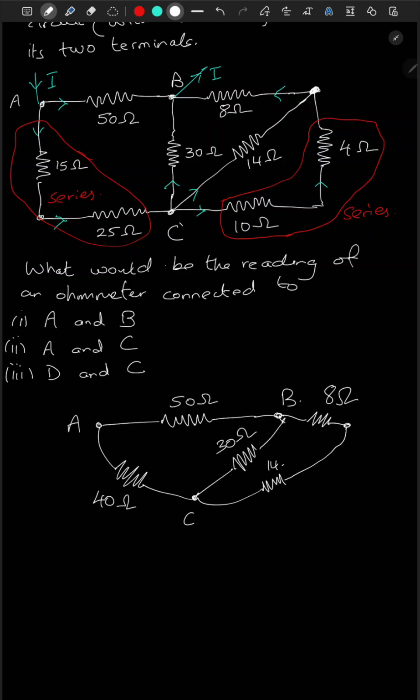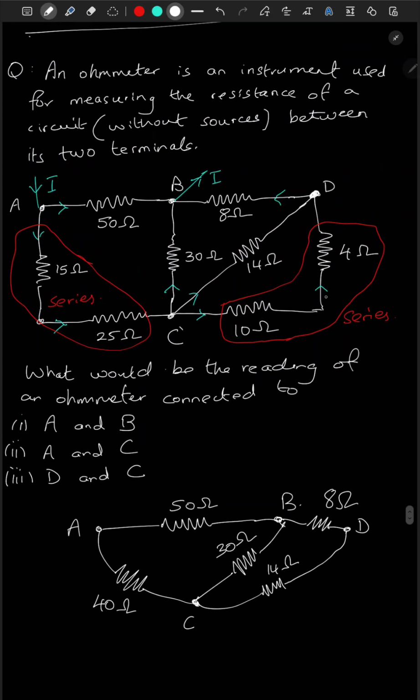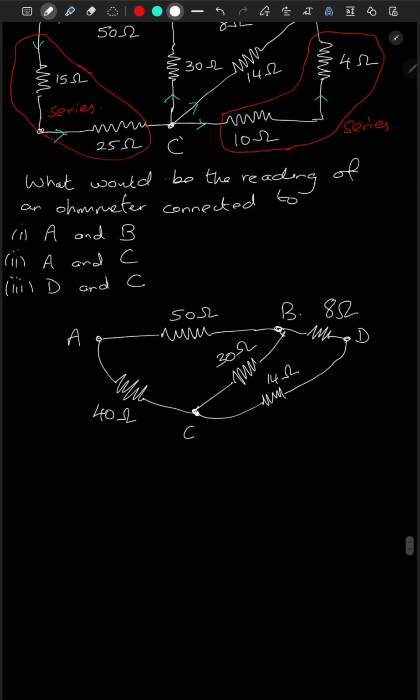So this is a 14 ohm, and from C, let's call this point D. We label it D. So from C to D, we have a 10 plus 4, the 10 plus 4 ohm in series. So it is 14 ohm.